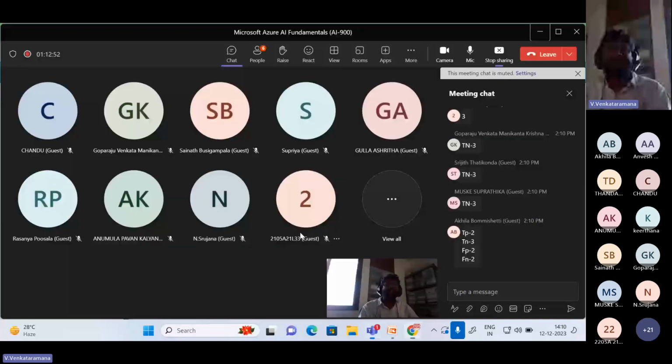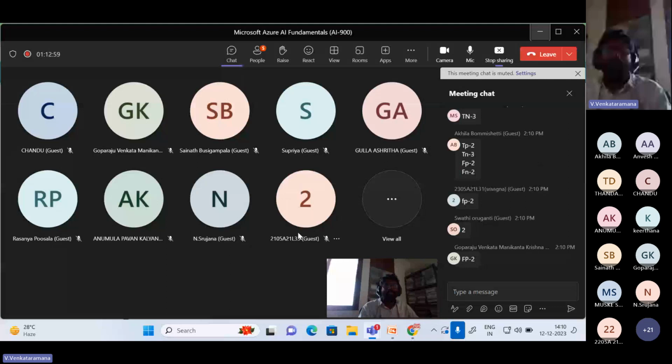She said false positive 2. False positive means your model is predicting positive, unhealthy, but it is healthy. That means this section. So the false positive value is 2, and similarly false negative is also 2.